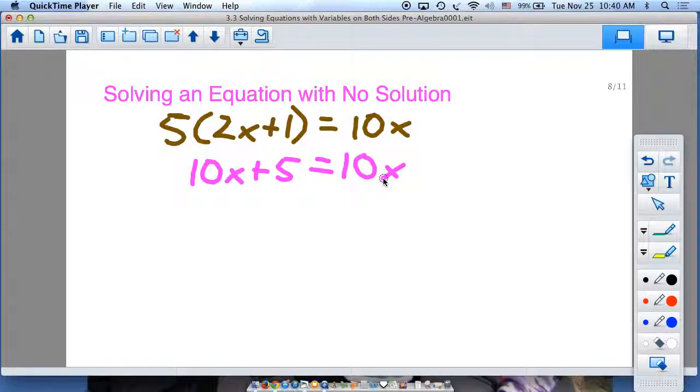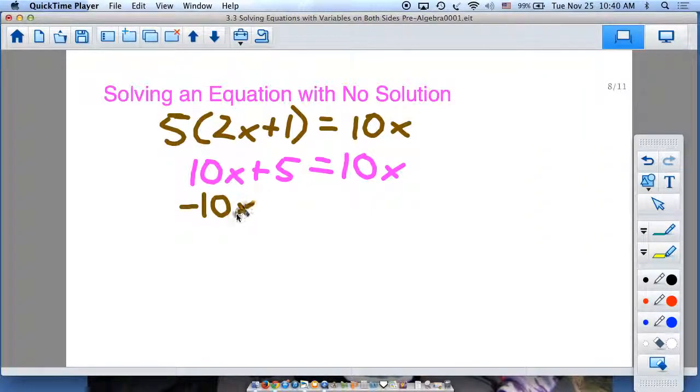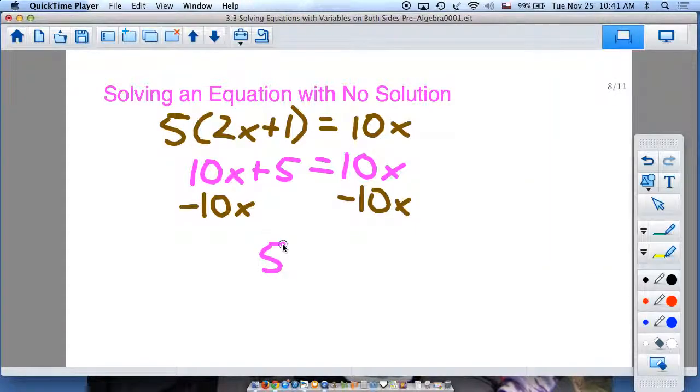Now when I start combining my x's, we're going to subtract 10x. Right there it looks kind of funny, because if I subtract 10x on the left side, all I have left is 5. If I subtract 10x on the right side, I have nothing left, so I have 0.